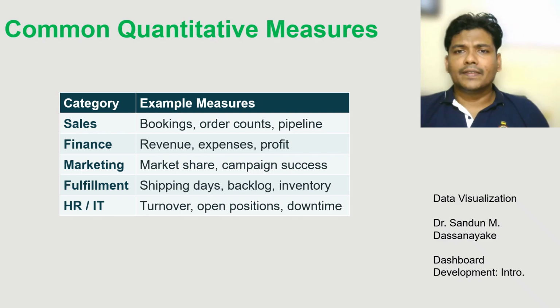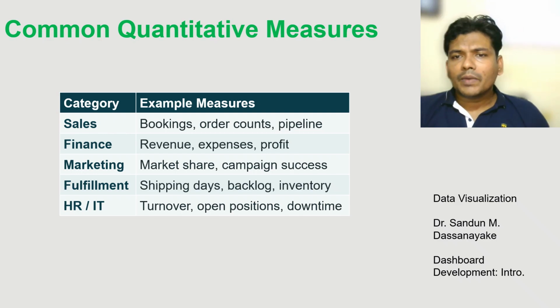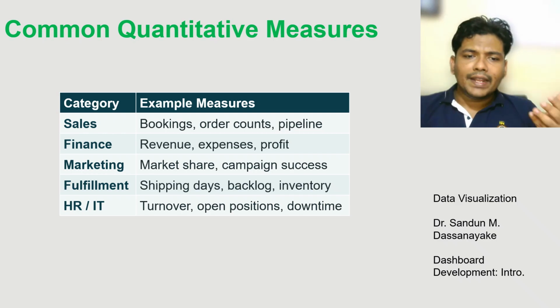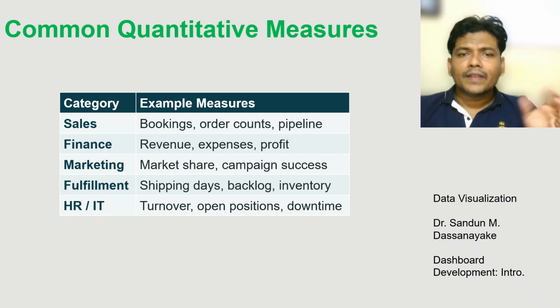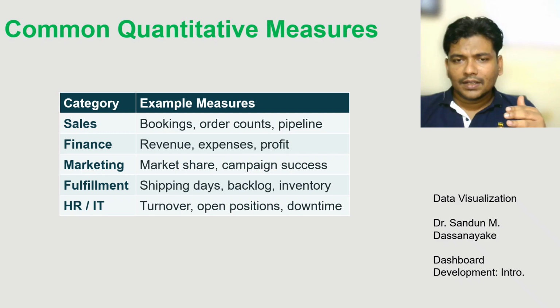Let's ground this in some real examples of what actually shows up on dashboards. Sales dashboards commonly track bookings, order counts, and pipeline. Finance dashboards, as you can see on the second row, focus on revenue, expenses, and profit.